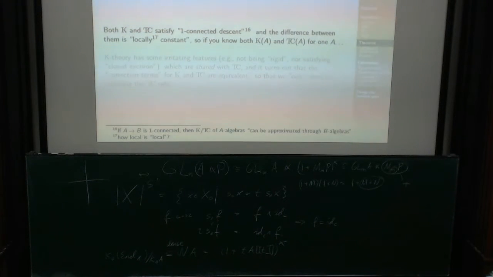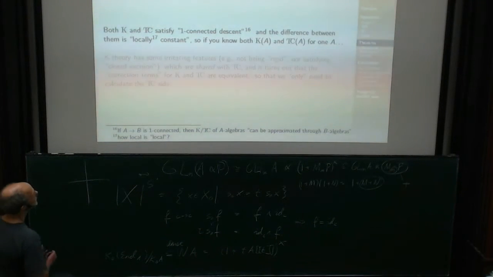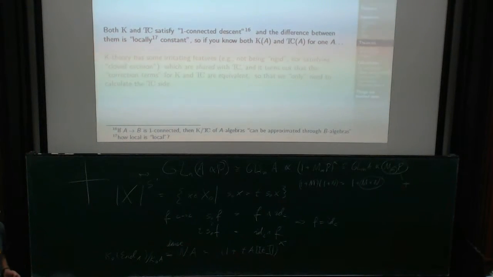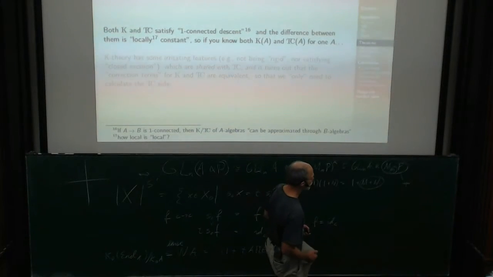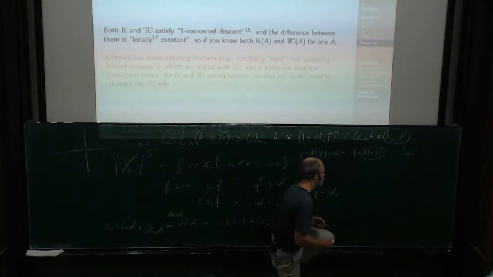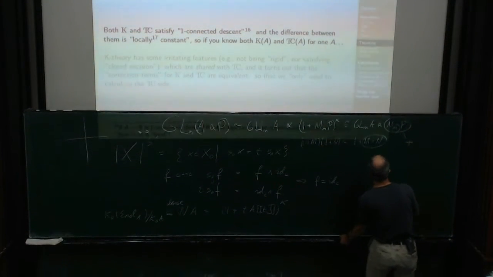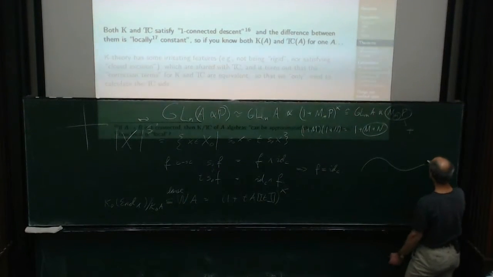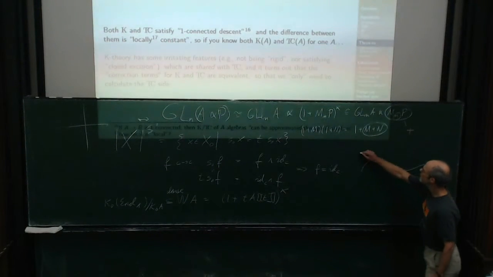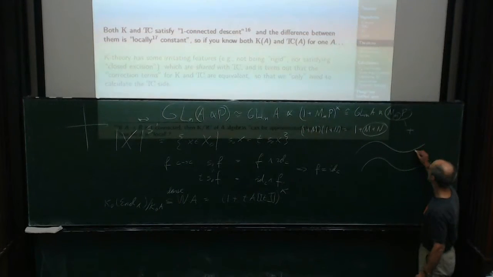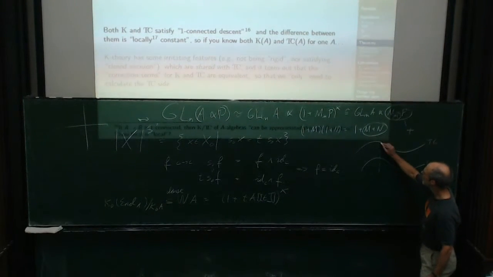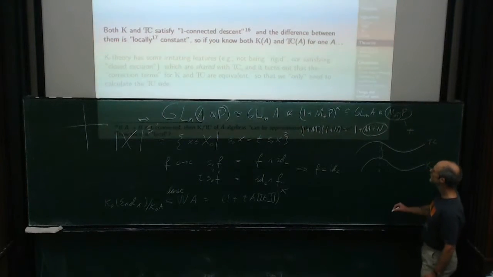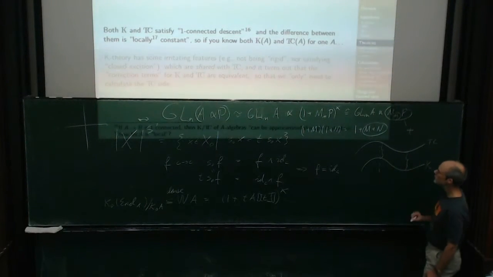And what we're going to see is that the difference is locally constant. So if you know K-theory of A at one point, here is K-theory, and here is TC, and here is the difference between them, well, that difference close by is not going to change at all.